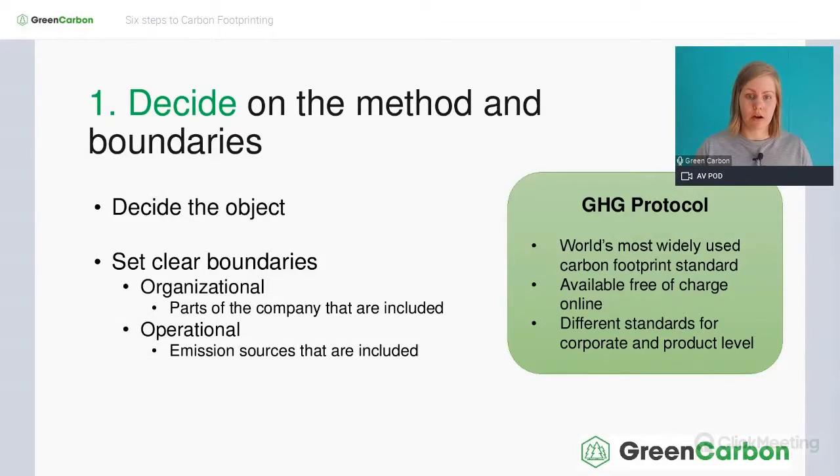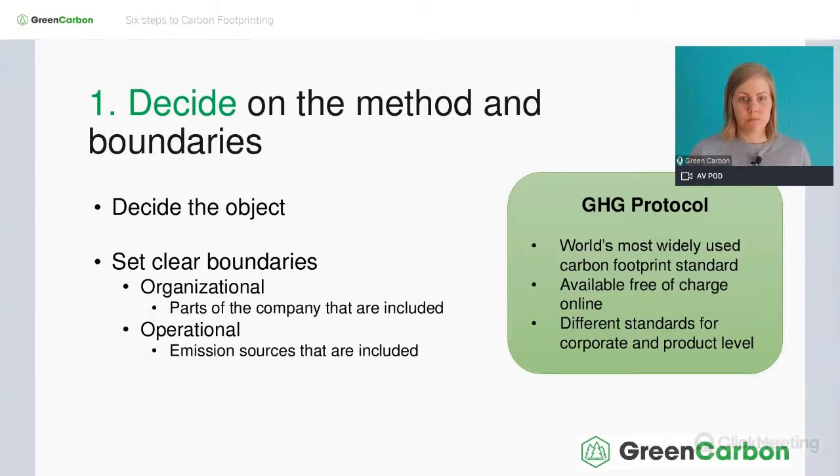The other reason to exclude some emission sources is a lack of data. If you lack data, you can say that, okay, this year we exclude this emission source because we don't have the data about the previous year. But you should work to get a method to get the required data in the following years.